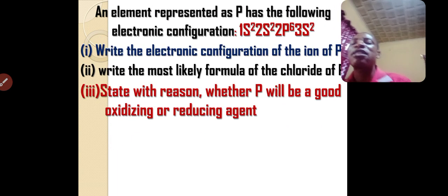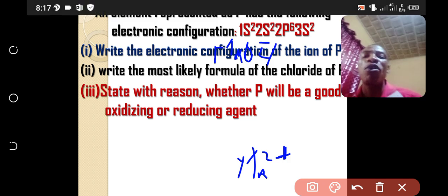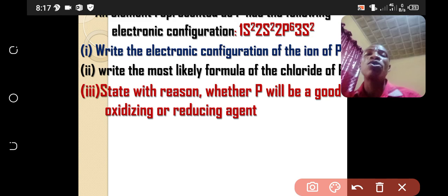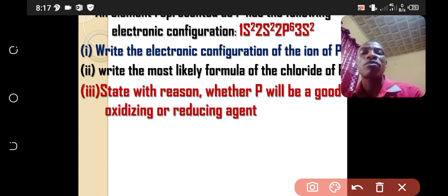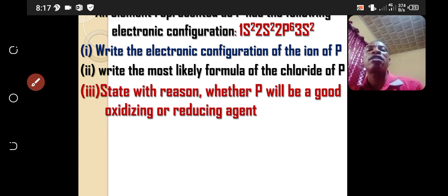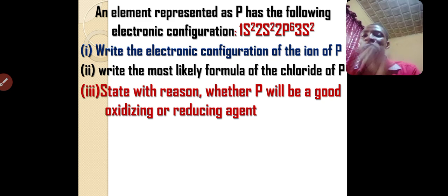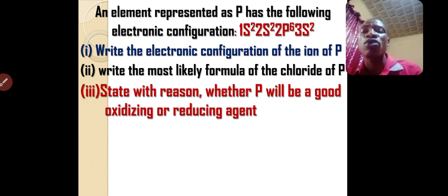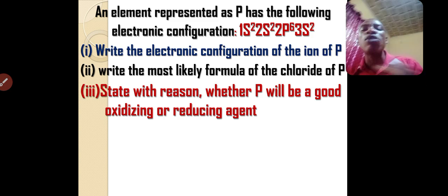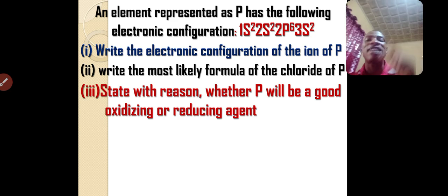Let's look at this short exercise before we leave this topic and continue in the next video. We're told that an element P has a configuration 1s2, 2s2, 2p6 and 3s2. We should write the configuration of the ion of P, that is when P is in the ionic state.